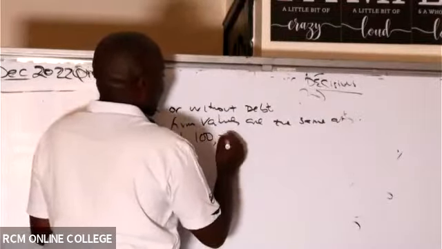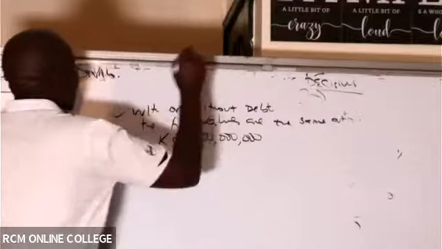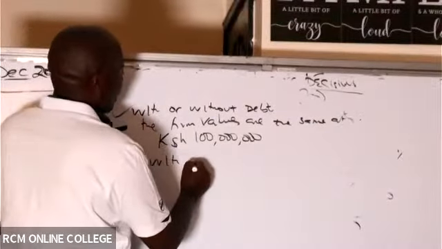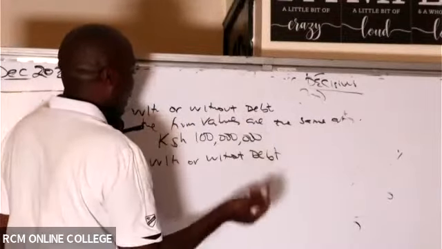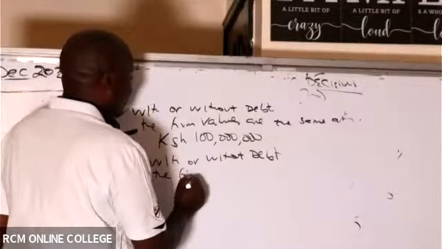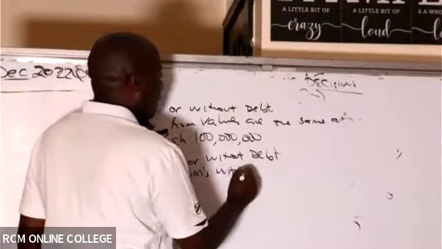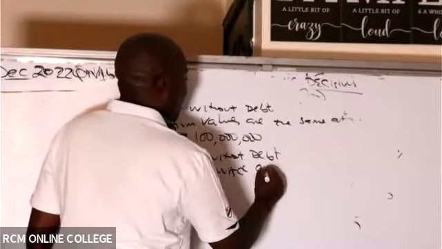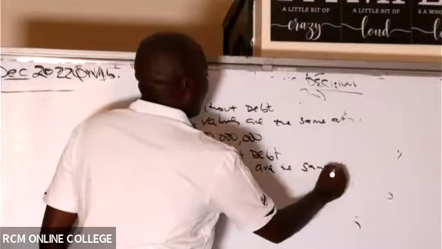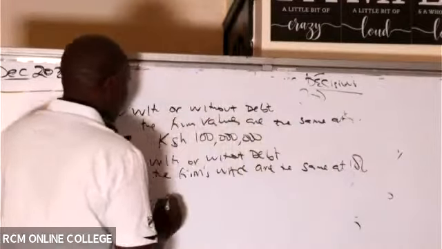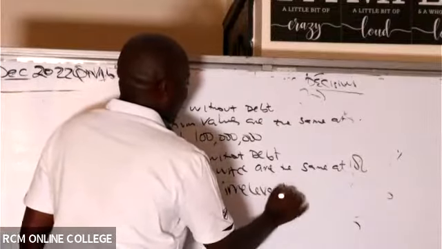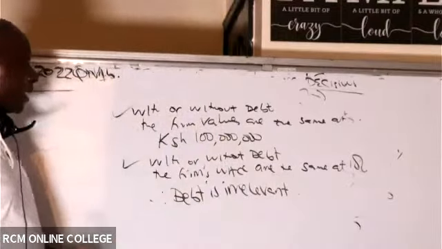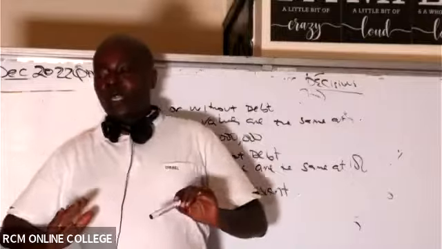That's dash number 1. Dash number 2: with or without debt, the firm's WACC is the same at 10%. And therefore, debt is irrelevant. That's what was discovered by MM1. In the absence of taxes, whether you have debt or not, the firm value remains the same. You will not have what we call a cost advantage.